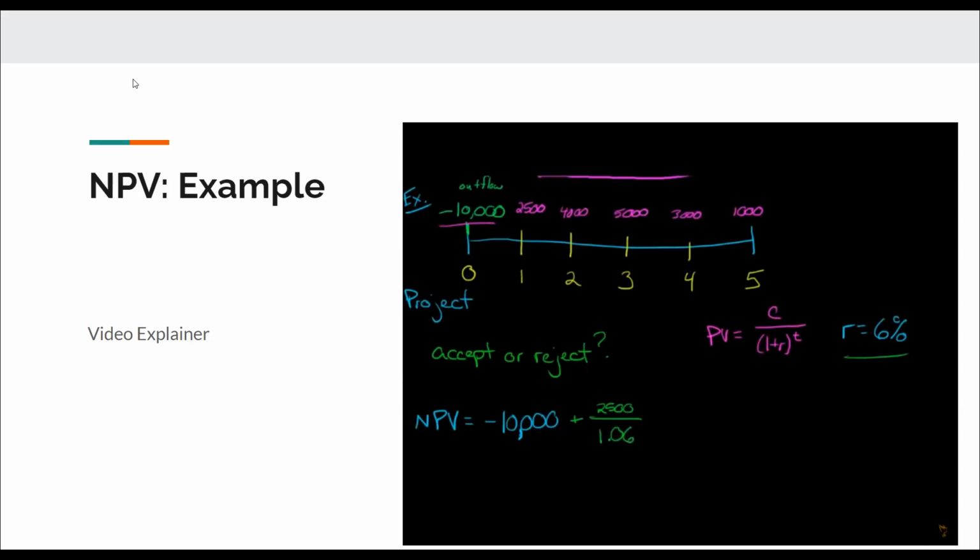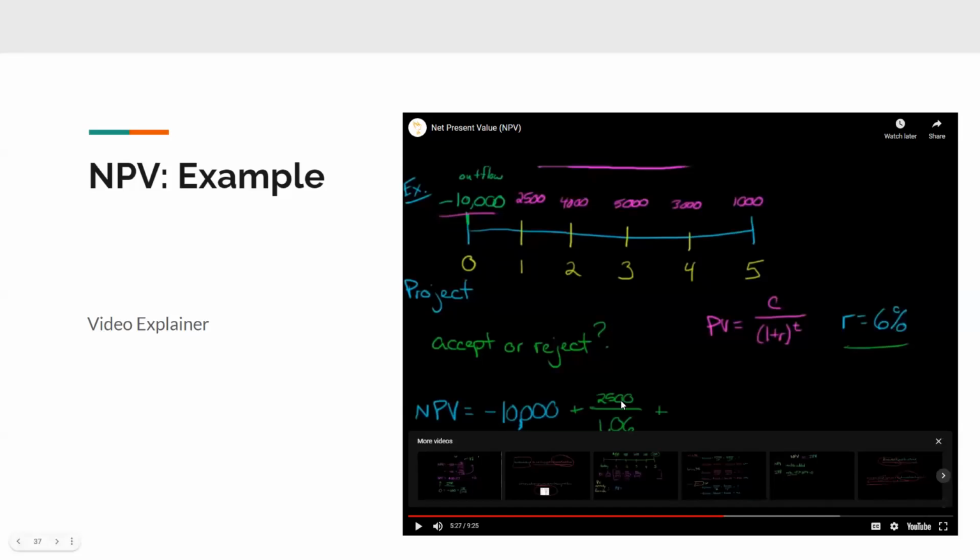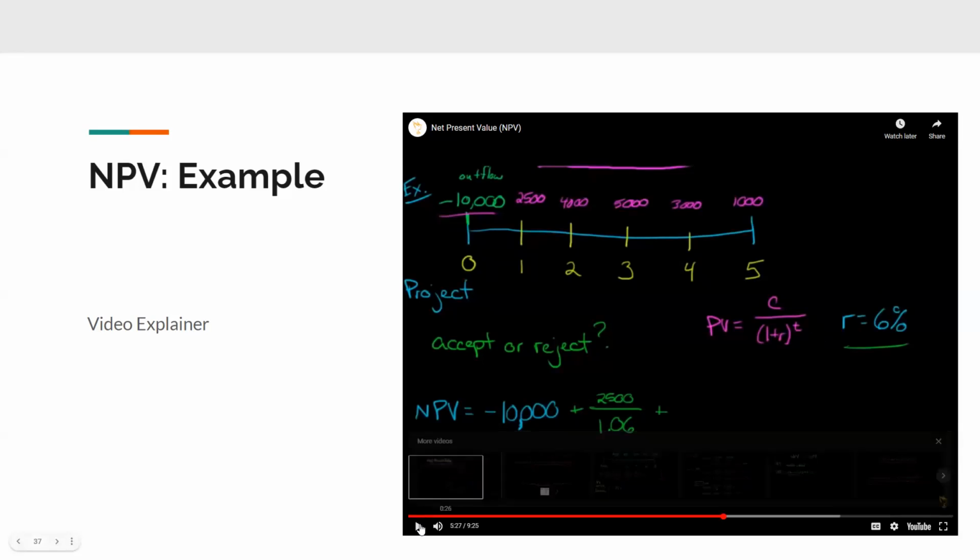Now the year 2 cash flow. You wouldn't need to do this calculation, but it's still good to know, right? A present value table is going to give you these figures, but you could also calculate it like this as well.